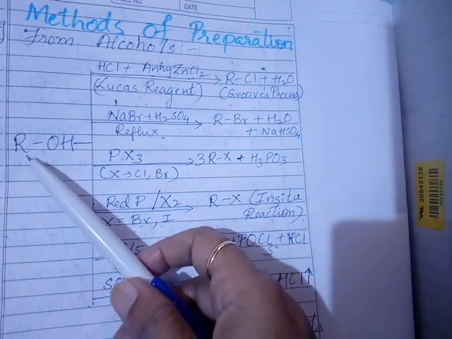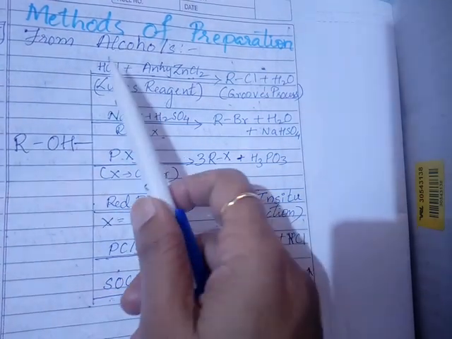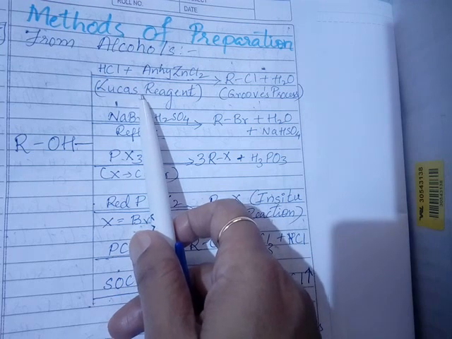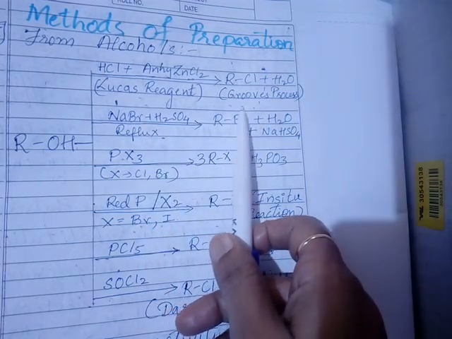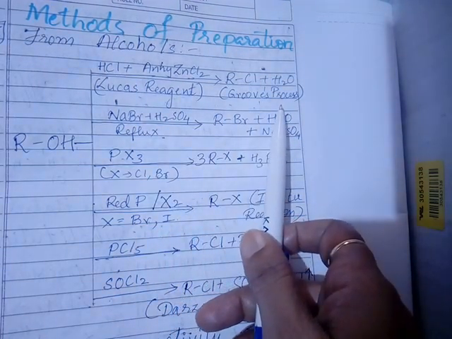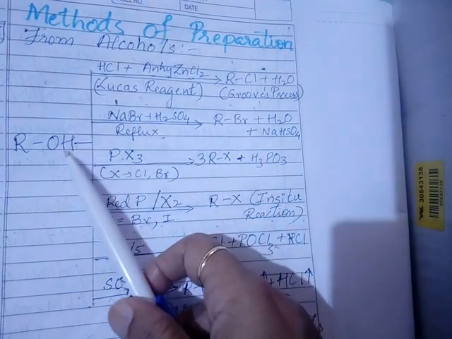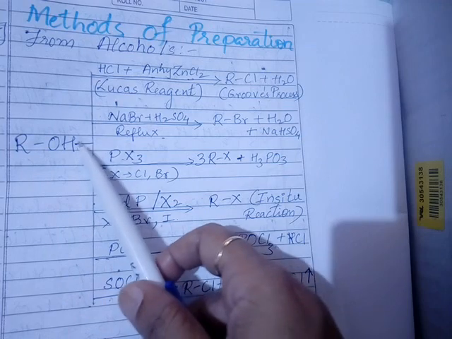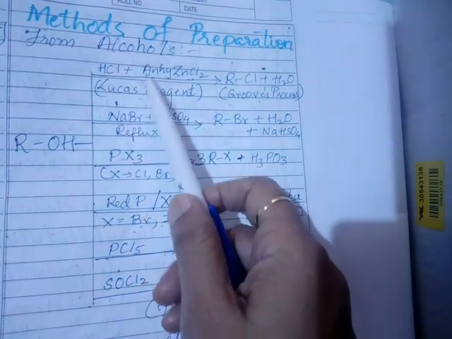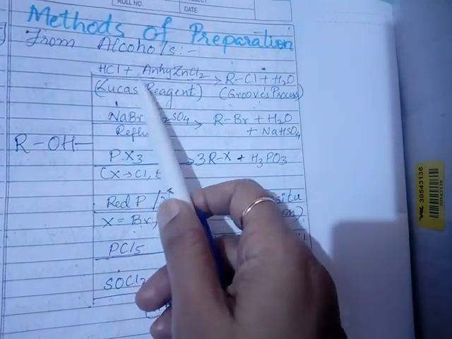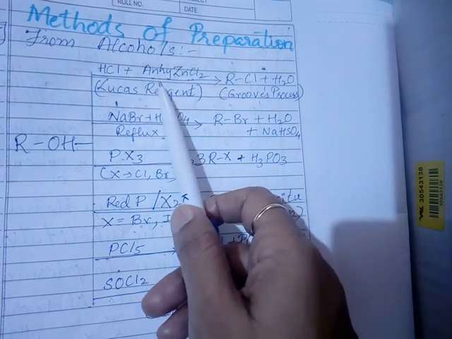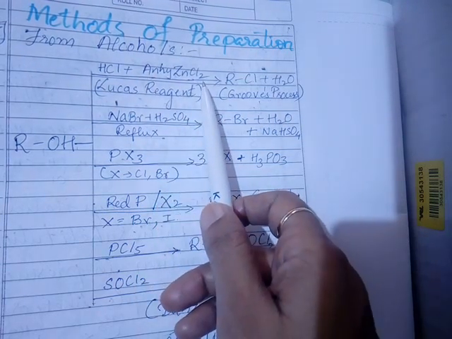Now, the first method is called the Lucas method, or the Groove's process. In this, we are going to treat the alcohol with HCl in the presence of anhydrous zinc chloride.